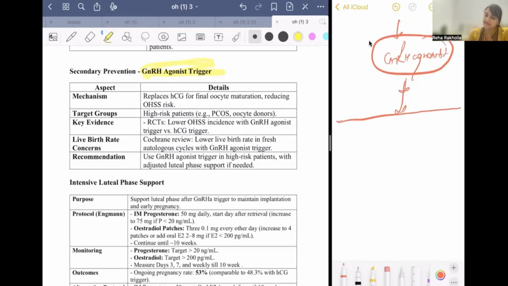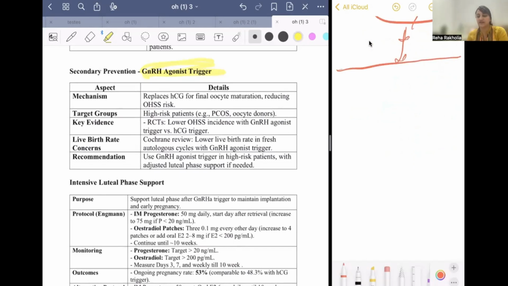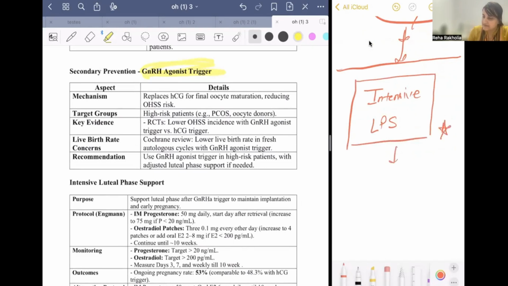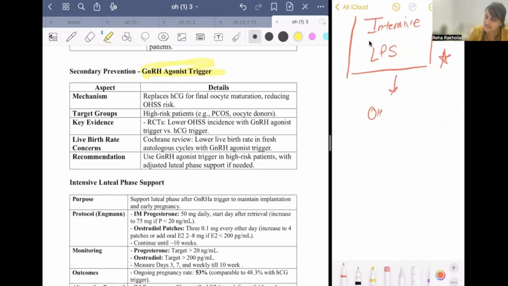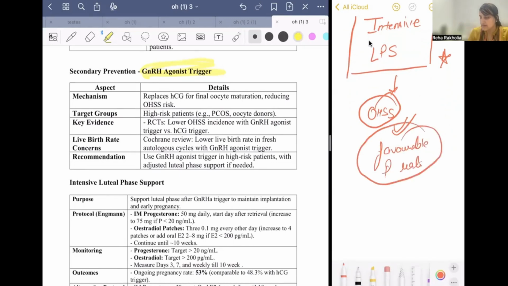Okay. For this reason, it is recommended that high risk patients use GnRH agonist trigger, but with intensive luteal phase support. This will allow patients to avoid OHSS while maintaining favorable pregnancy rate, making GnRH agonist trigger a crucial strategy for secondary prevention in fertility treatment.